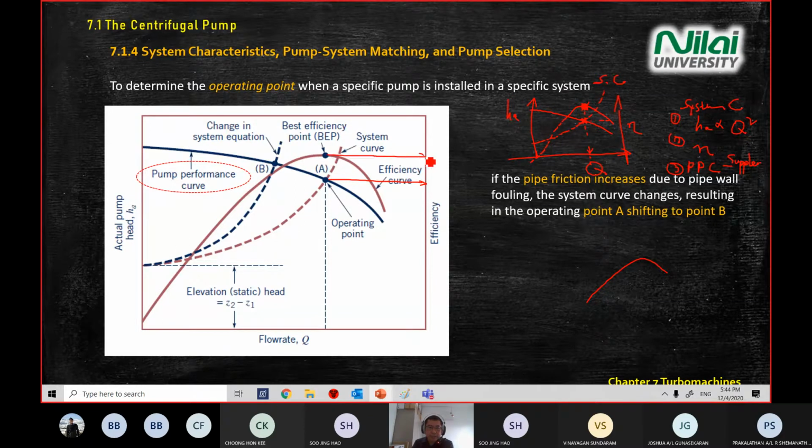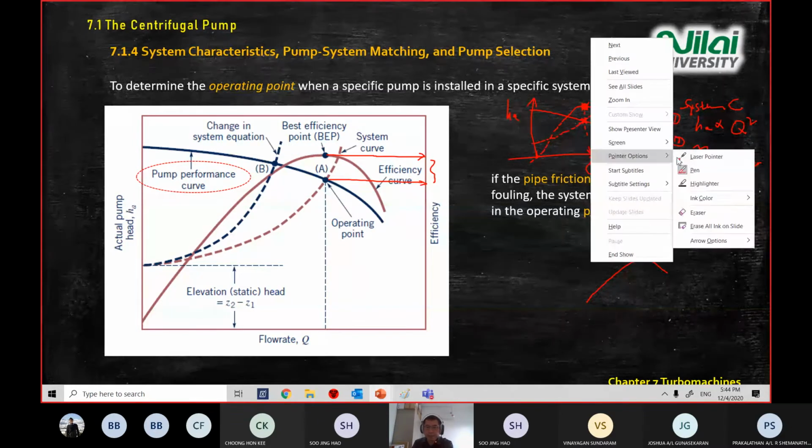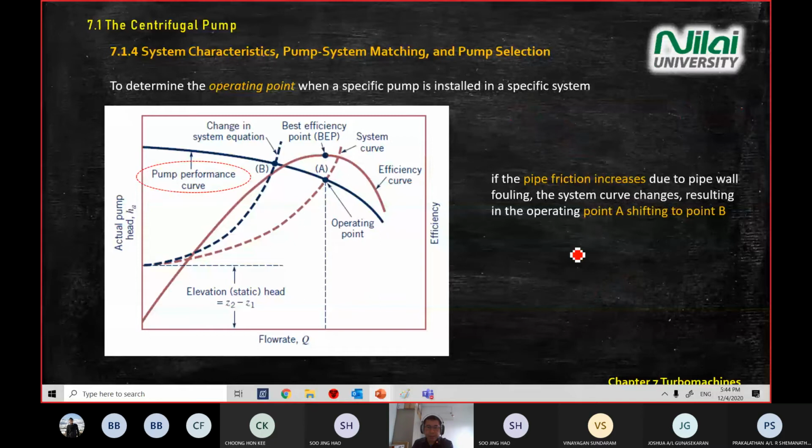The efficiency curve is by the manufacturer. So what is the difference between these two points? The efficiency will drop a little bit. So this is basically about the selection of pump.